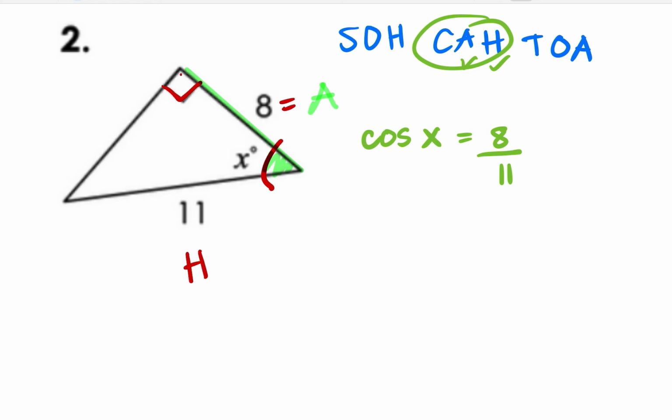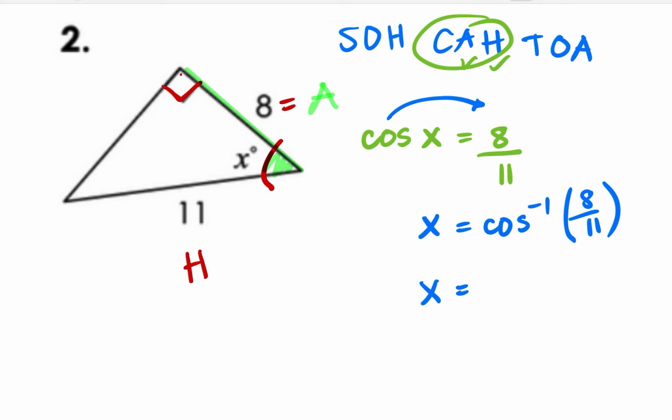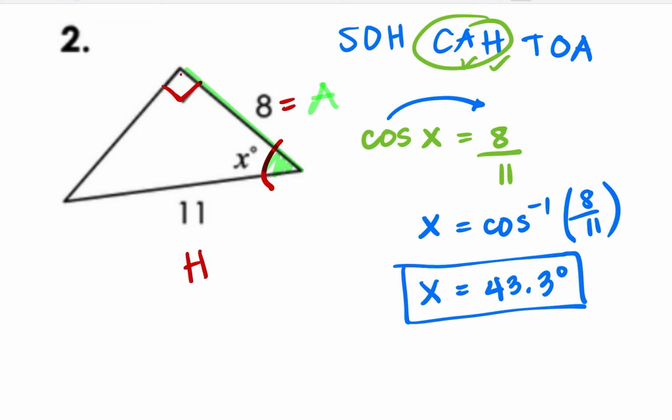Again, we are solving for x by itself, so we move cosine to the other side, which means we take the inverse of cosine. We drop 8 over 11. In our calculator, we press second cosine, and then 8 divided by 11, and we should get 43.3 degrees to the tenths place.